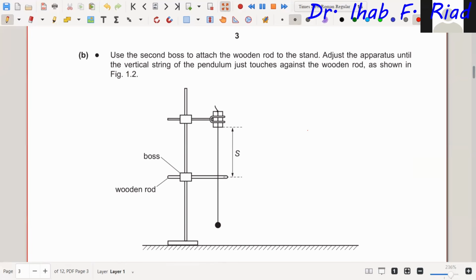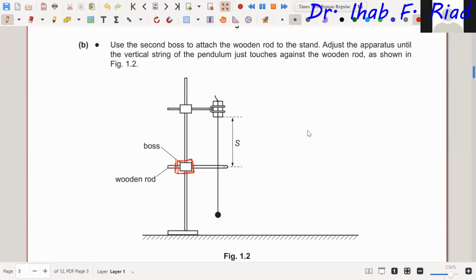So he is now telling us to use the second boss. This is what is called the boss. It is a piece of metal or plastic that you can fix on the stand and use to attach other components. Use the second boss to attach the wooden rod to the stand. Adjust the apparatus until the vertical string of the pendulum just touches against the wooden rod as shown in the figure.